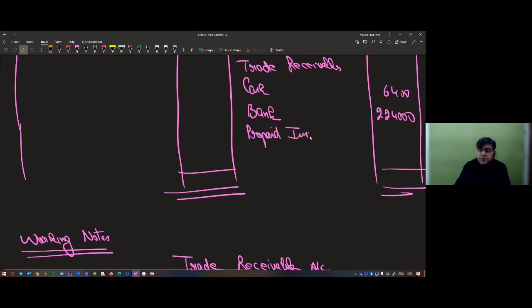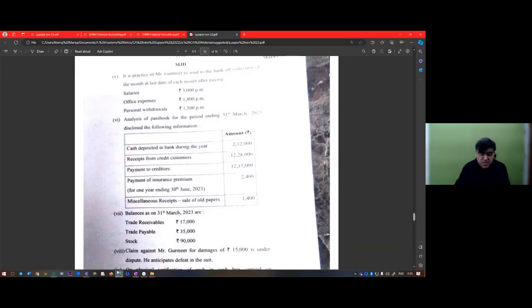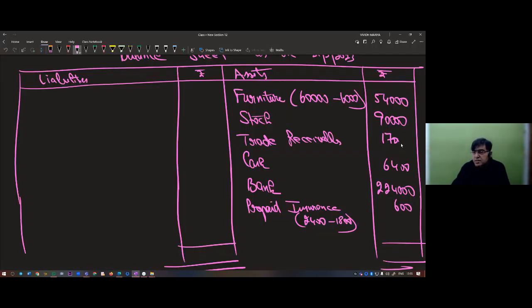Prepaid insurance is 600. Trade receivables are 17,000. Adding 54,000, 90,000, 17,000, 6,400, 2,24,600, the total is 3,92,000.